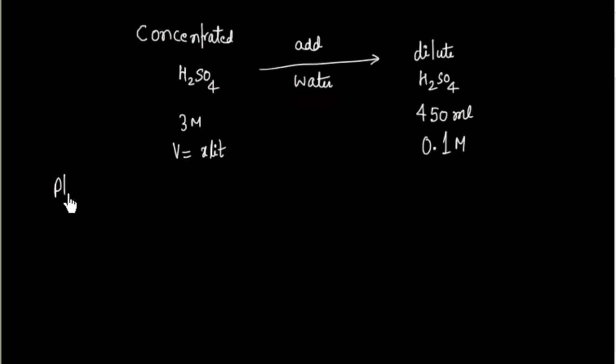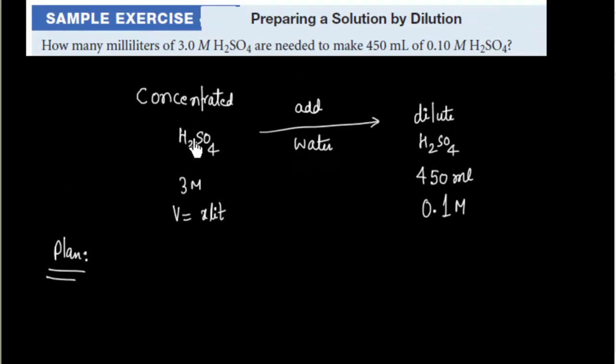Now how will we proceed? What should be the plan for this problem? You see, I have a concentrated H2SO4, add water, and I have a dilute H2SO4. Moles of H2SO4 in the concentrated solution should be the same as moles of H2SO4 in the dilute solution.